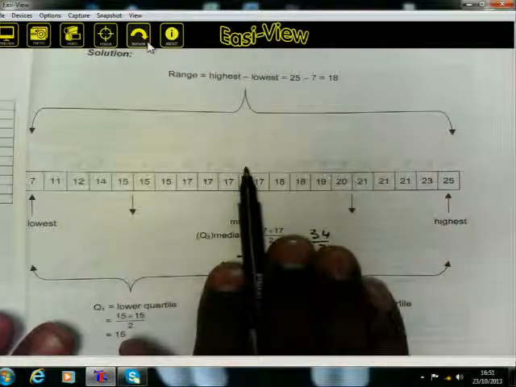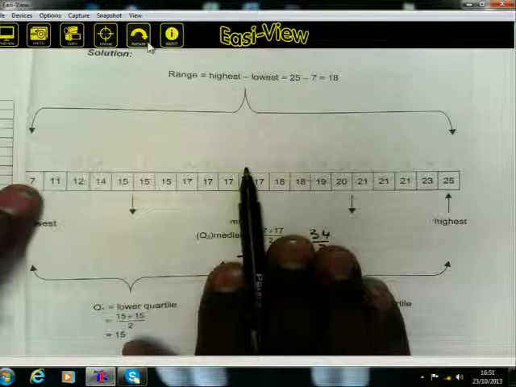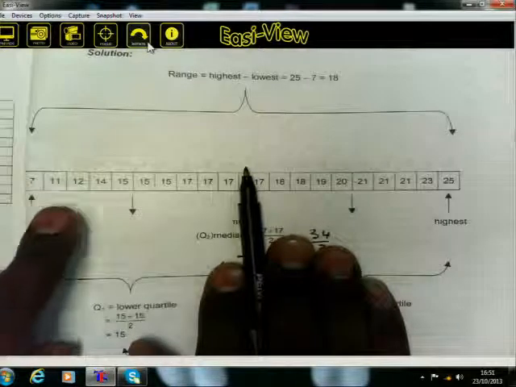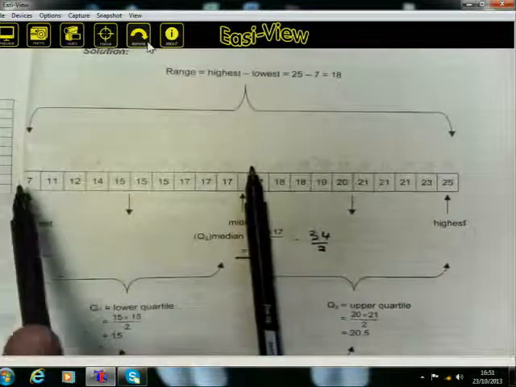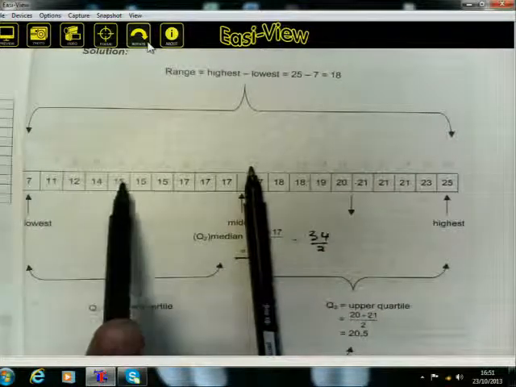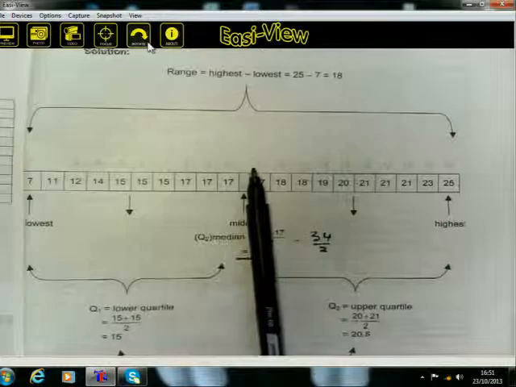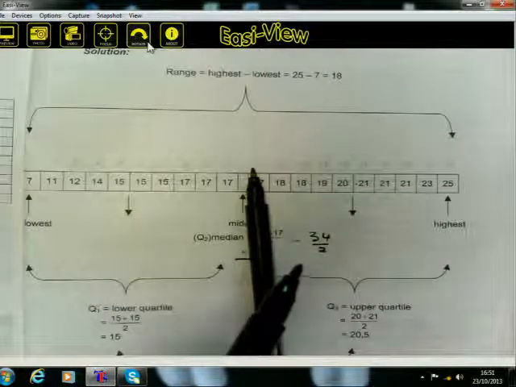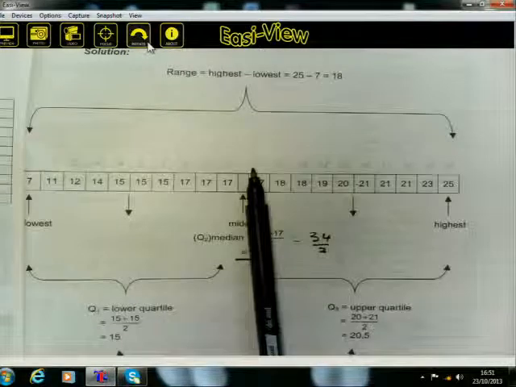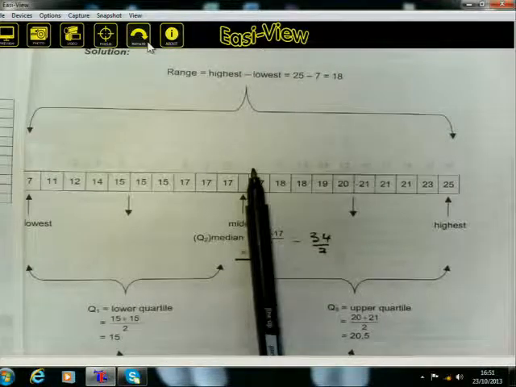How many numbers are there? Let's count them. It's 1, that's 7, 2, 3. Okay, let me do this so that you can see it. It's 1, 2, 3, 4, 5, 6, 7, 8, 9, 10. That's 10 numbers from the left of the median.